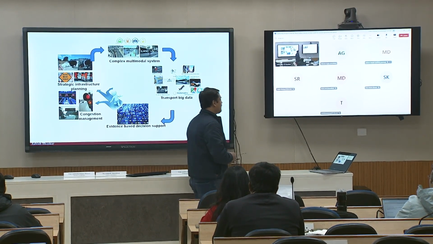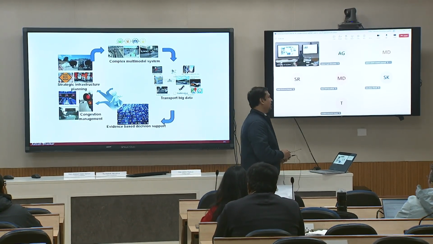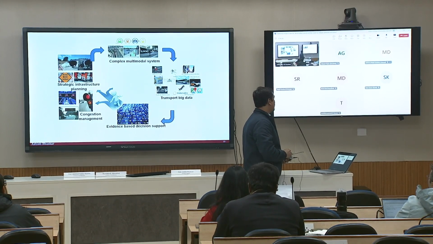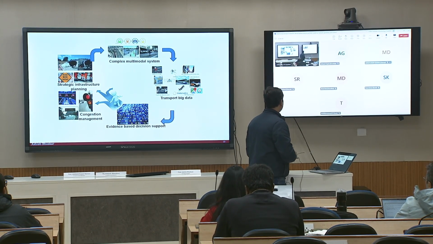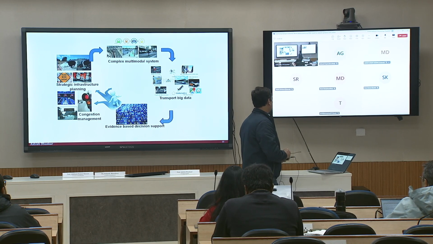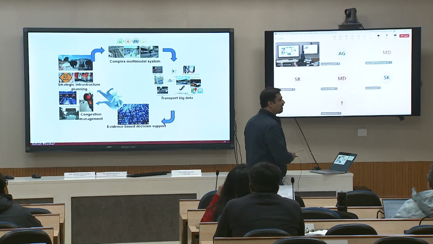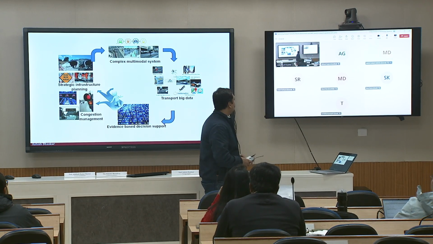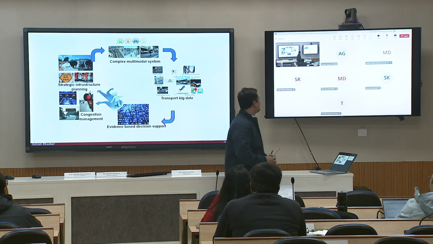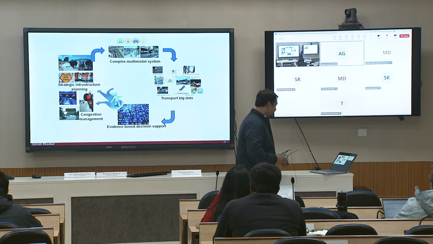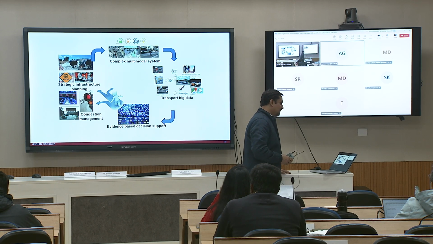So basically, when you say the inadequacy of high occupancy lanes, you're talking about the high occupancy vehicles? We lost you. Yes, basically I'm talking about the inadequacy of the high occupancy lanes.